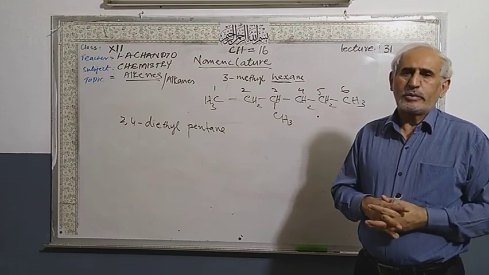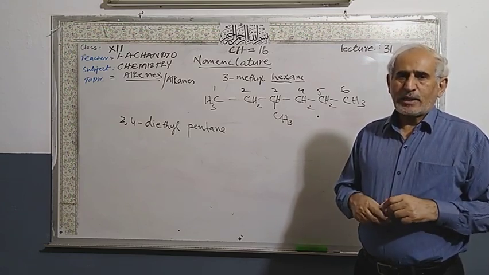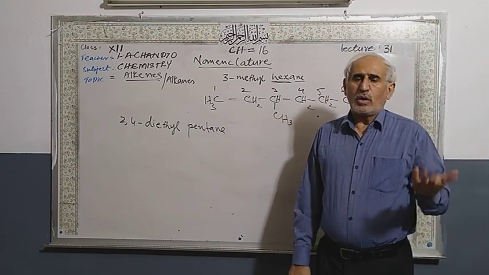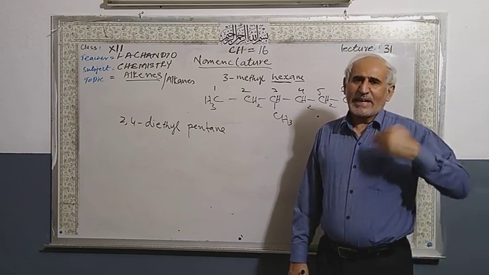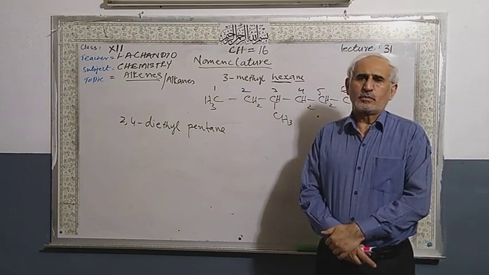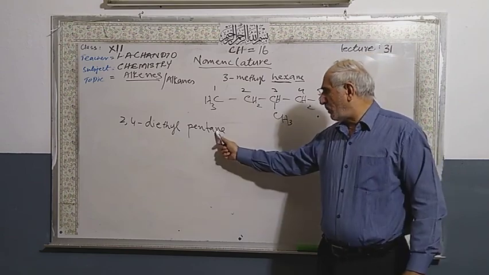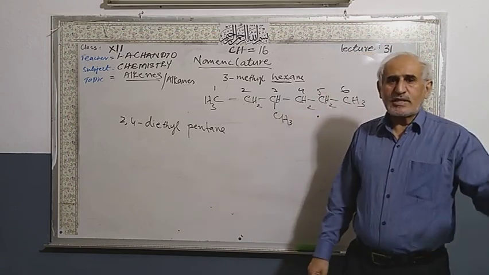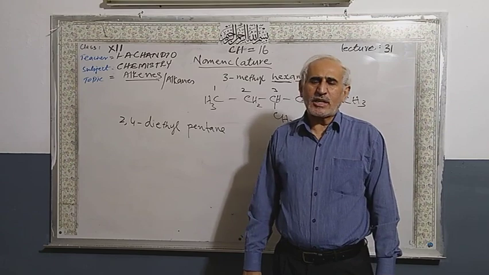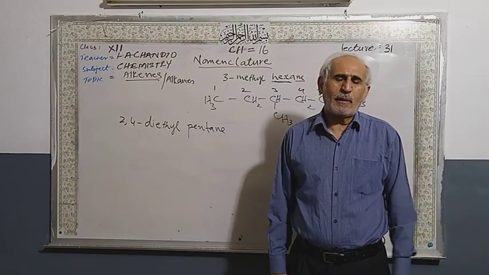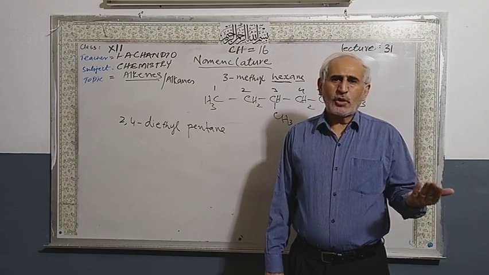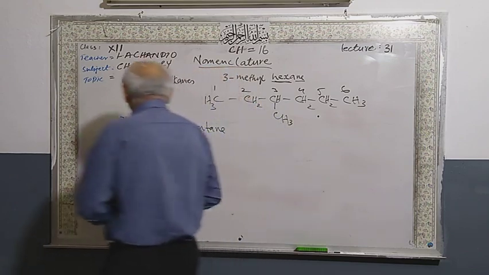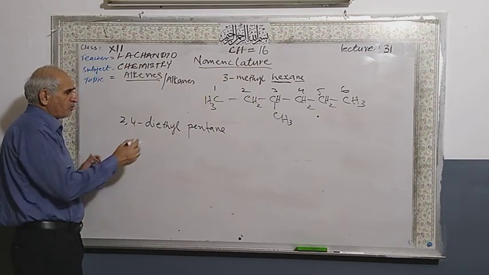He will ask you to draw the structure according to this wrong name, and you have to make a correction and write the correct name. This name may be correct, may be wrong, I don't know. When I draw, then I will see the rules for the nomenclature. If it is satisfied, then I say it's okay. But if the rules are not obeyed, then this structure is incorrect. Then make the correction. Okay? Same pattern I already told you.